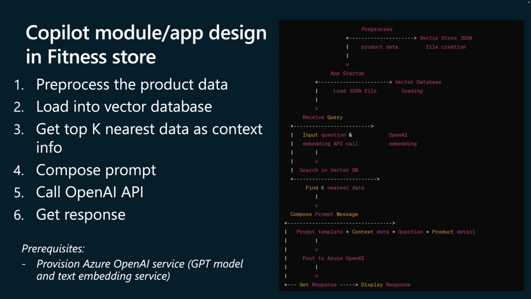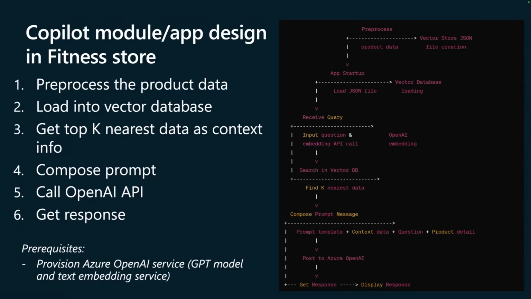Once the application is running and we receive a query or a text from the customer, we get the embedding of the query from this external embedding service, and then we use this query with the in-memory vector store to get the nearest K data as information for the large language model.